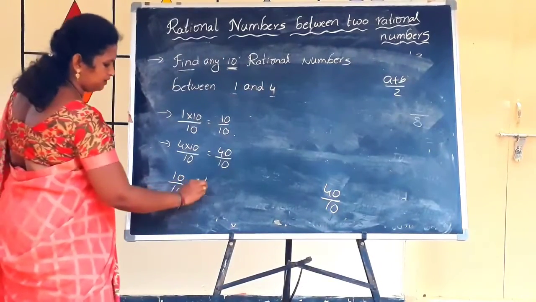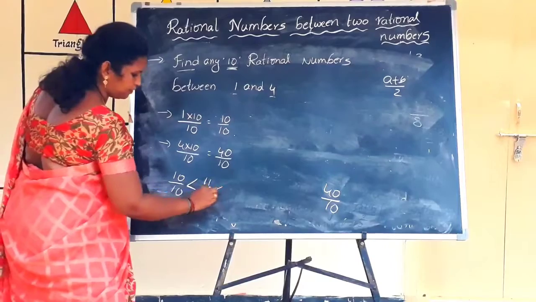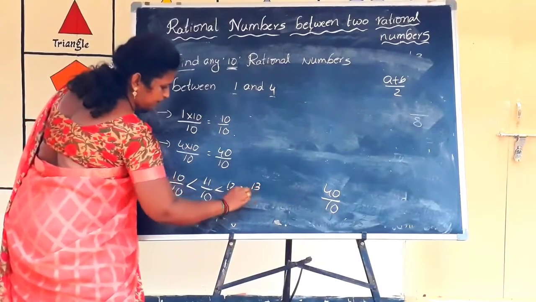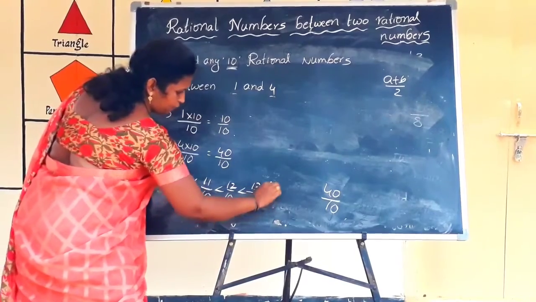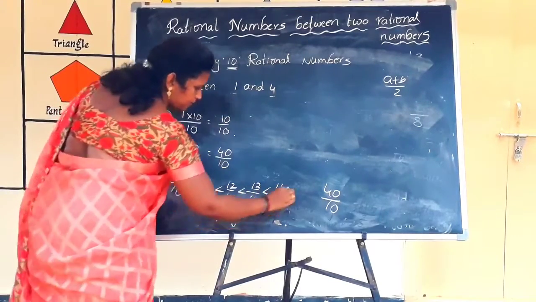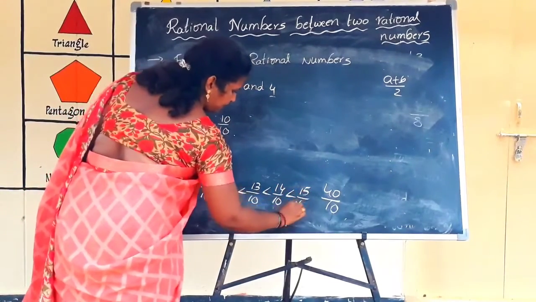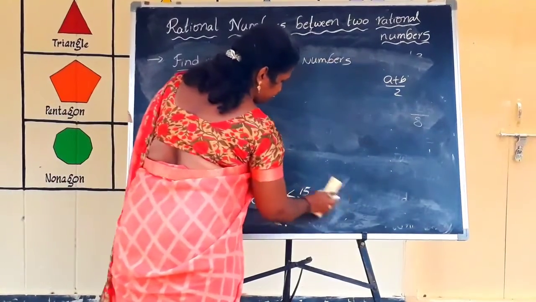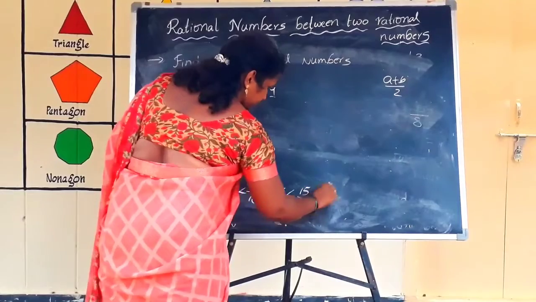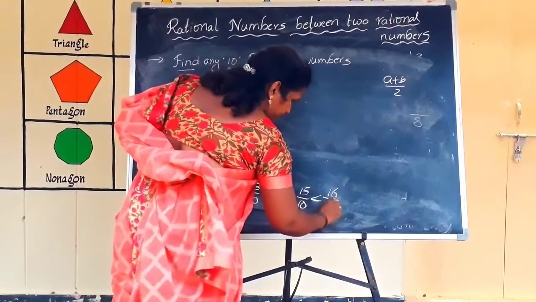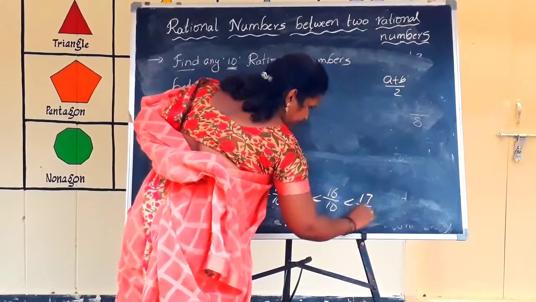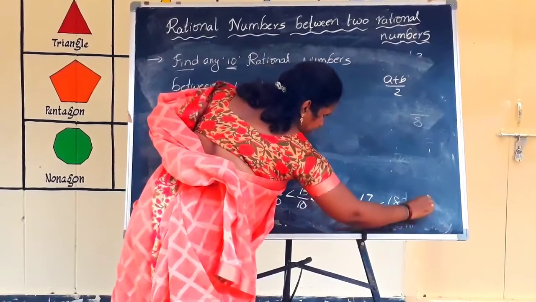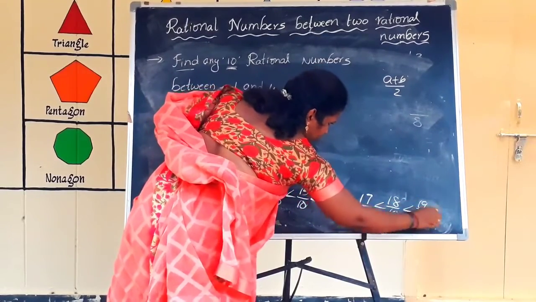Yes, we can insert 11 by 10, 12 by 10, 13 by 10, 14 by 10, 15 by 10, 16 by 10, 17 by 10, 18 by 10, 19 by 10, and so on.